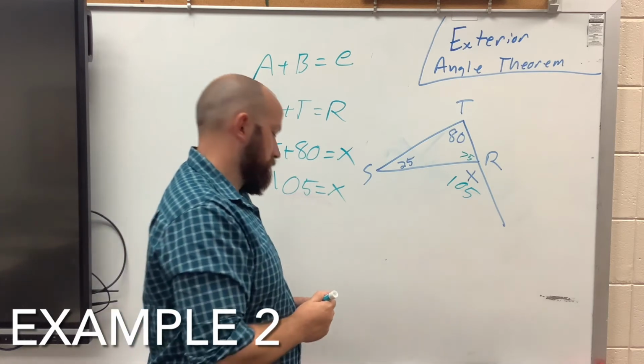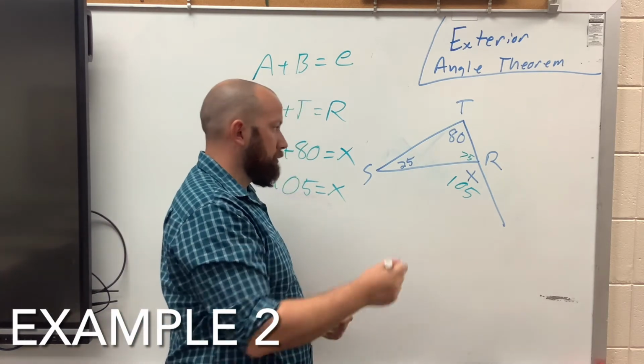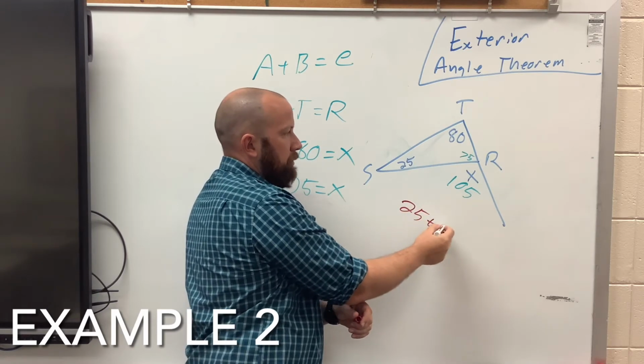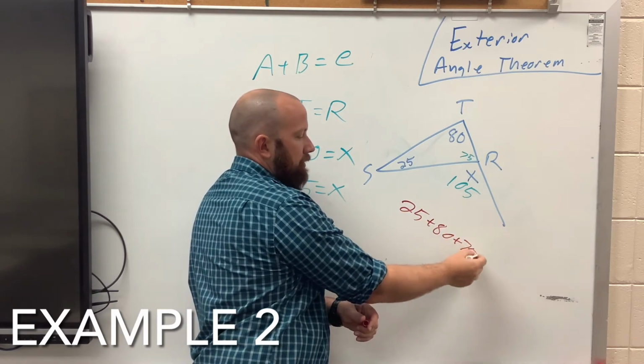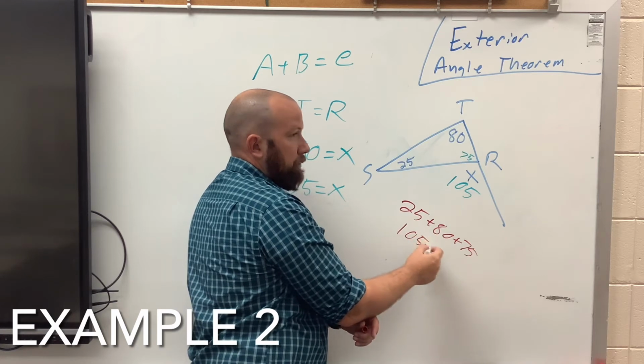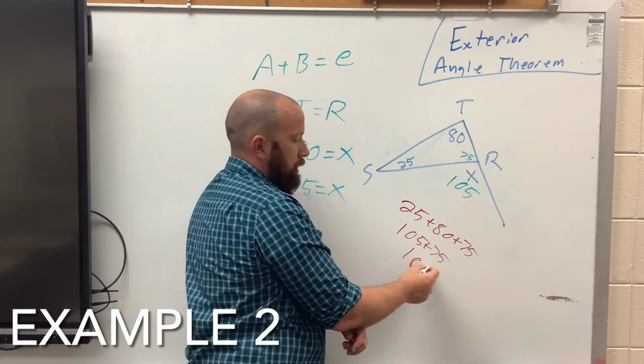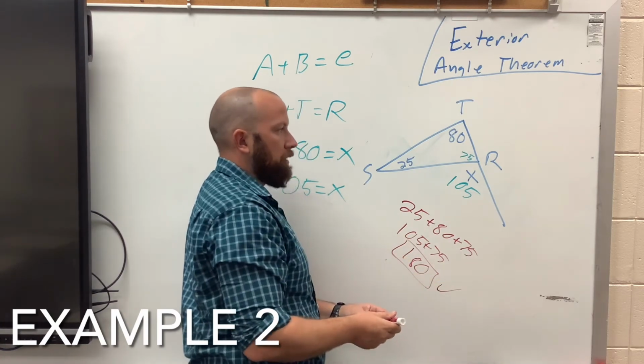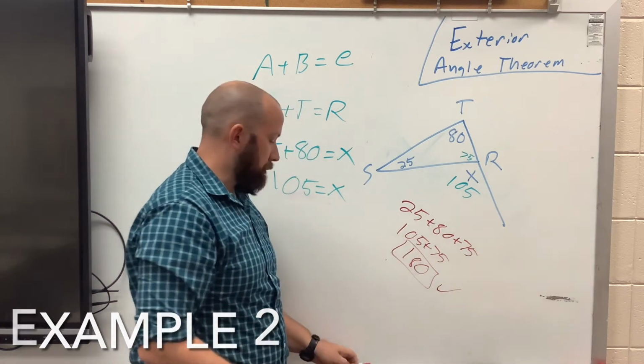They're a straight line. So I can check it now by seeing if this whole thing equals 180. So 25 plus 80 plus 75, that gives you 105 plus 75 equals 180 degrees. So check, it works out. This is the angle sum theory, by the way.